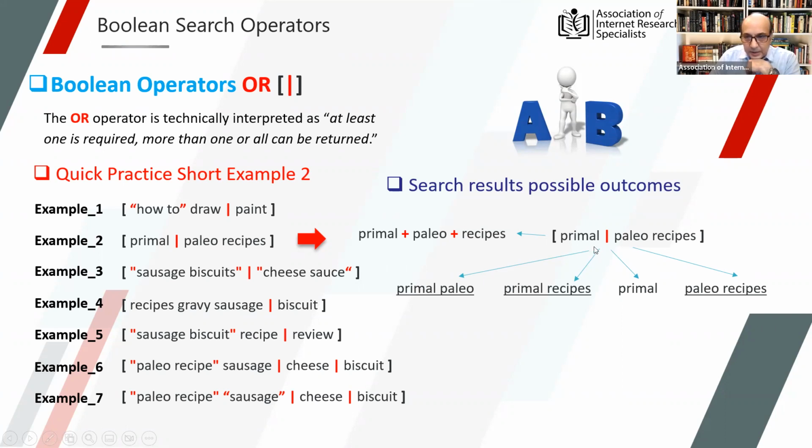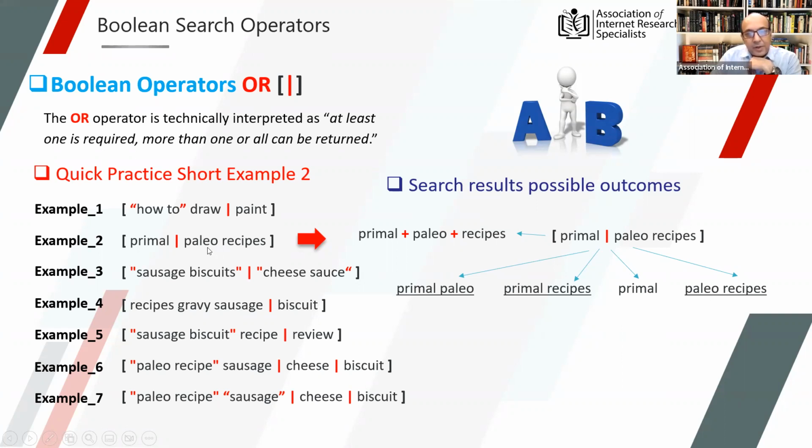Because now OR is given a choice between what is on the left of it, and then its combination with or connecting with anything as a choice on the right of it. So the idea is presented with different combinations of how eventually it might show up. So first, this part, the one with the plus sign, plus is not exactly the plus as you would think in the search query, but assuming all of these are to be found, then it's going to look for paleo and recipes as a combination of primal paleo recipes, or primal alone, or paleo recipes.